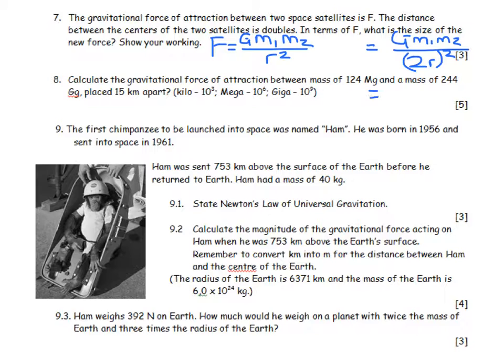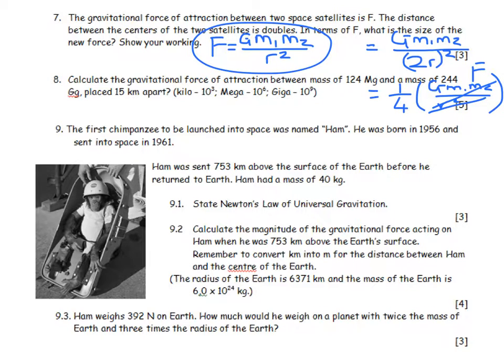So that turns out to be a quarter of whatever my old force was, G, M1, M2 over R squared. That is actually equal to F. Remember, here it was. And therefore, I have got a quarter of the old force.